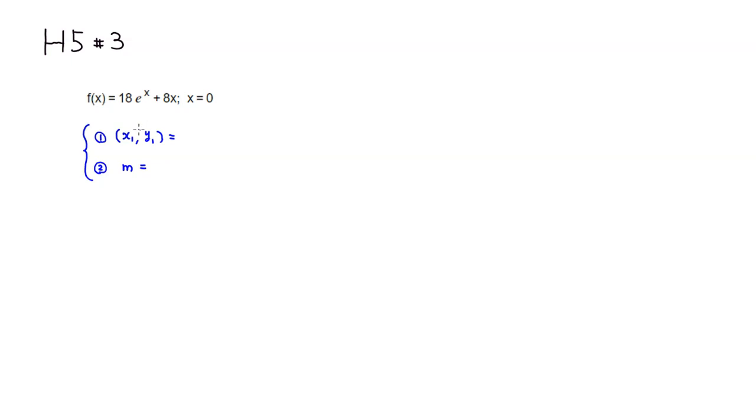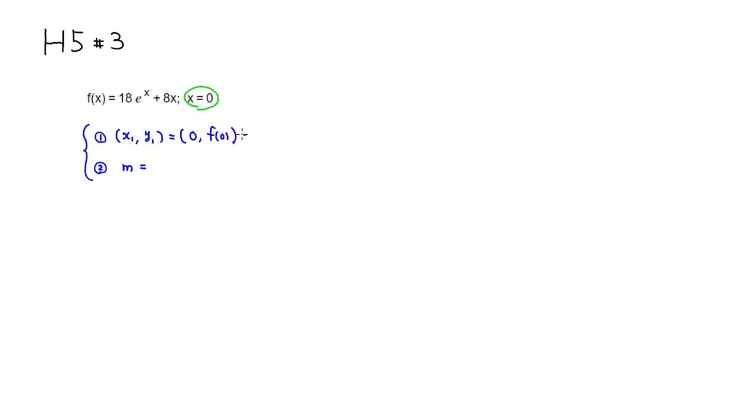The x1 value is given right here. The x1 value is 0. Then, in order to find the corresponding y1 value, all you have to do is plug in 0 for x into the function. So we have to compute f of 0.